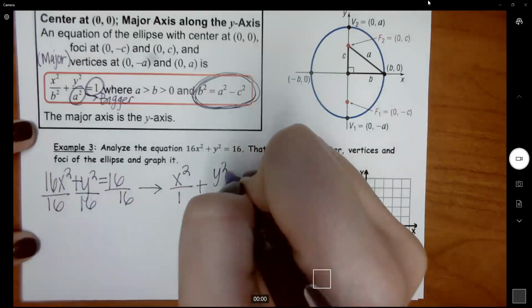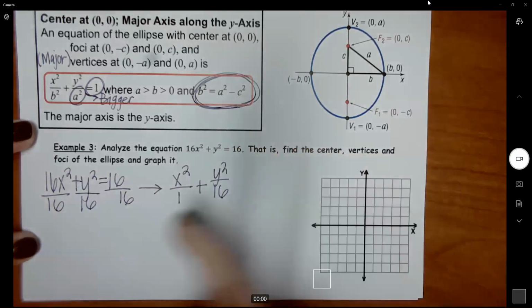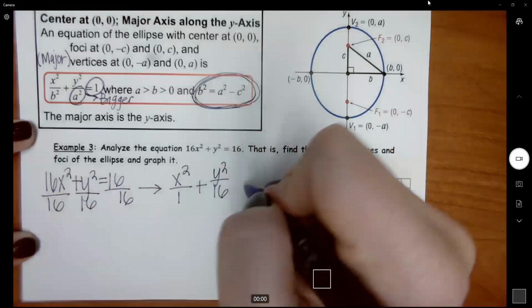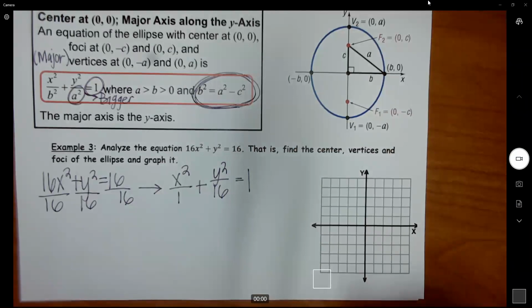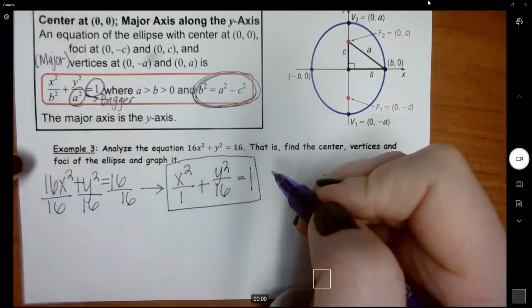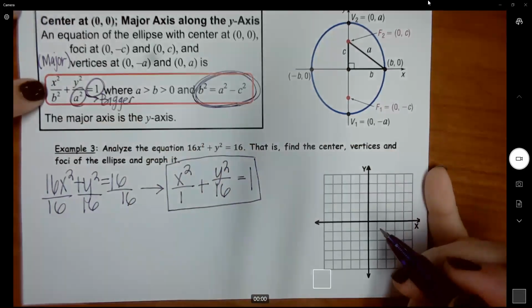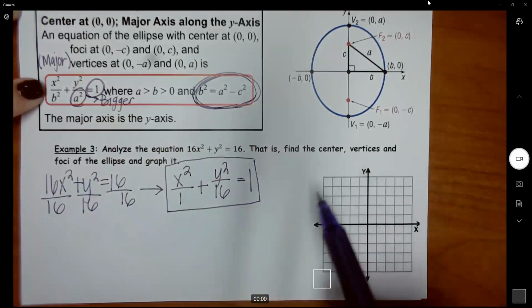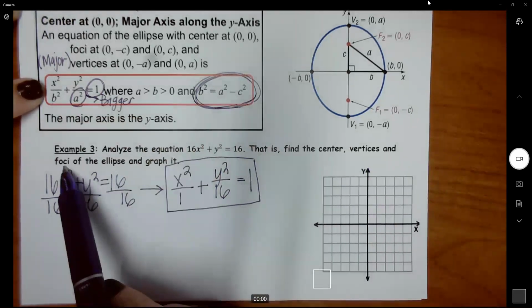Plus, this will be y squared over 16. I can't do anything with that, but now it equals 1. Okay, so now that I have this in the form I'm looking for, let's find the center, the vertices, and the foci.